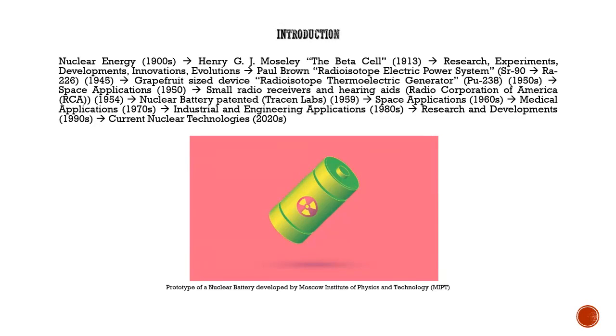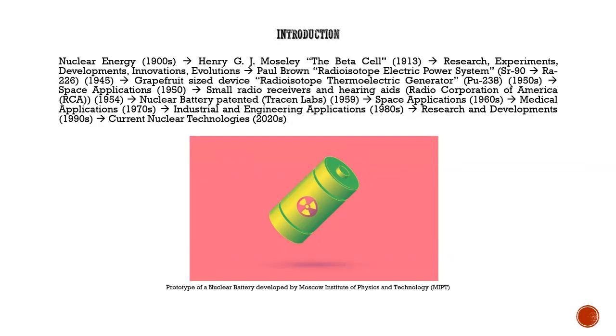After that, during the 1990s, there was a massive amount of research and development going on. And after that, we never heard of nuclear batteries or atomic batteries. There's a reason why, and I'll tell you after some time.